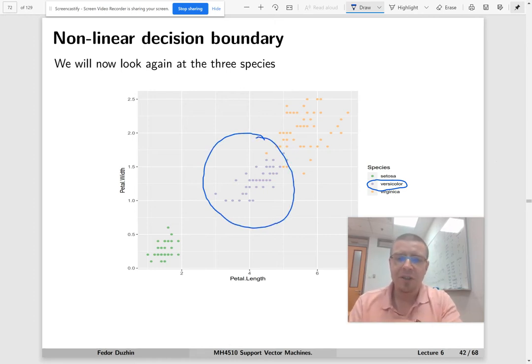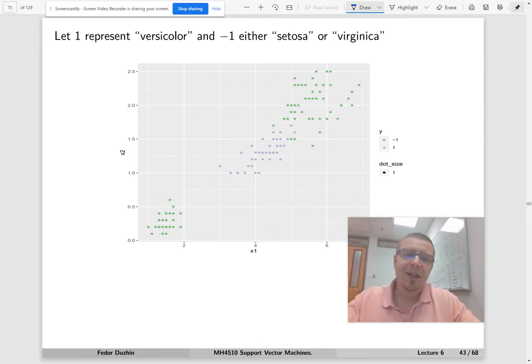Now, I have just encircled it, and this circle is a reasonable decision boundary. So if in future we classify new data, everything that is in this circle as versicolor and everything that is not in this circle as not versicolor, then it is going to be a reasonably good classifier.